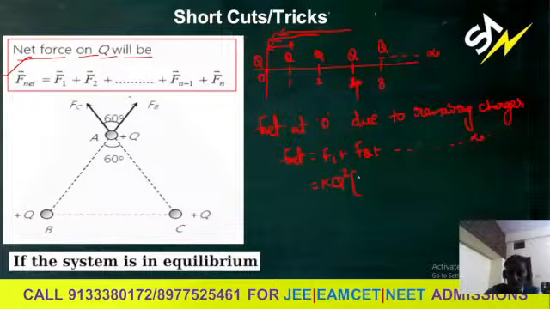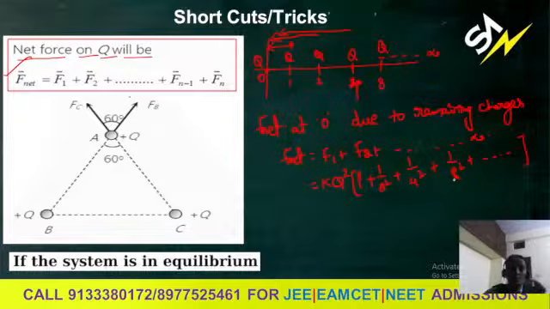into, if you take the common 1 by r square term, 1 by 1 square means 1 only will come, plus 1 by 2 square, plus 1 by 4 square, plus 1 by 8 square, plus so on infinite. The numbers are in a particular sequence, and there is a common ratio.